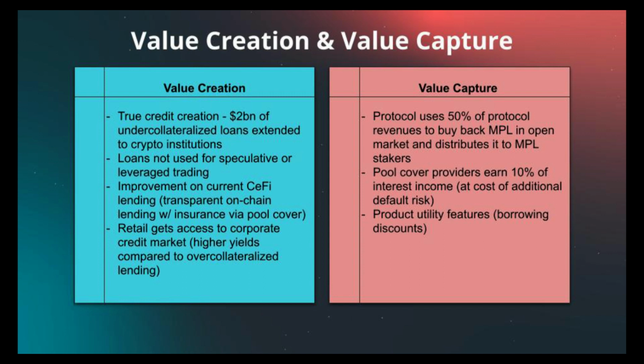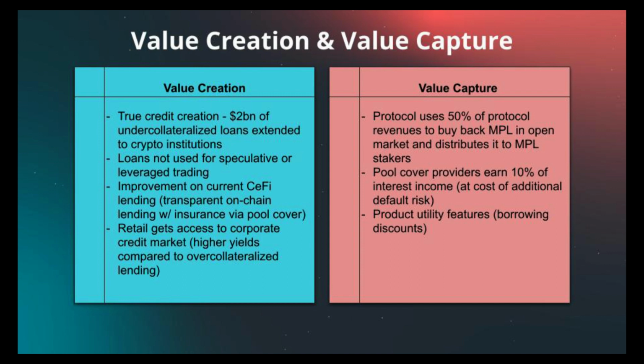Value capture, I think we talked about it in the previous two slides, but how they're doing it is really through revenue sharing, right? They use 50% of revenues to buy back Maple. They distribute to stakers. Holders of the Maple token can also earn a percentage of interest income by taking on additional risk to provide insurance against loan defaults.